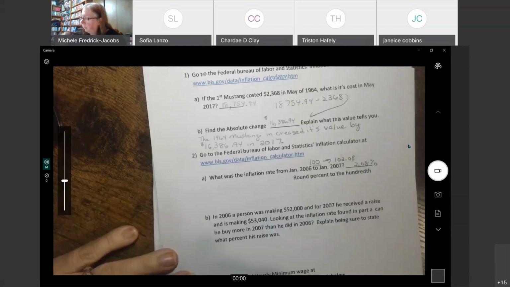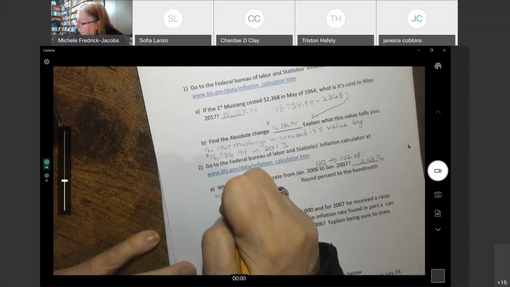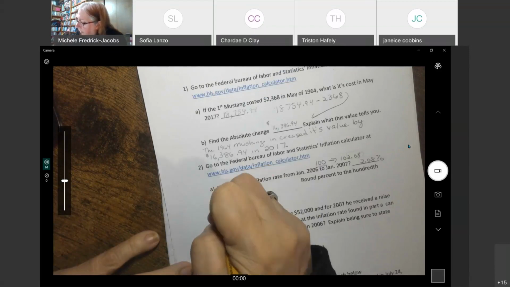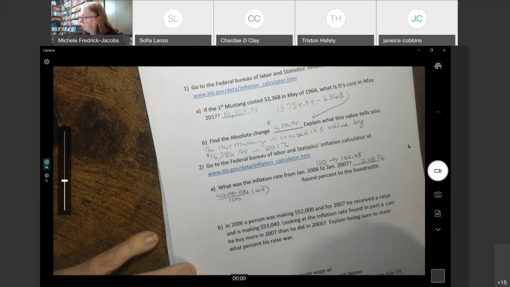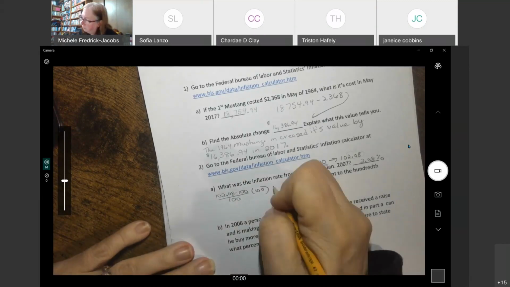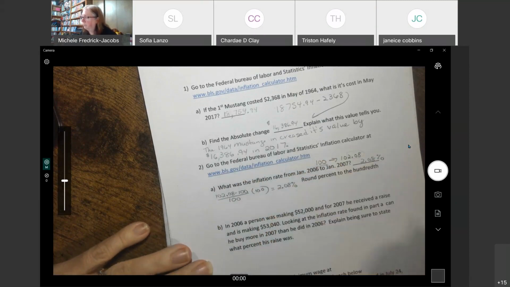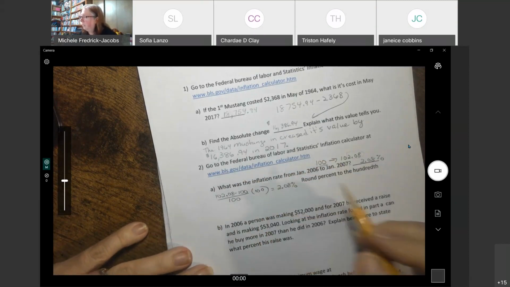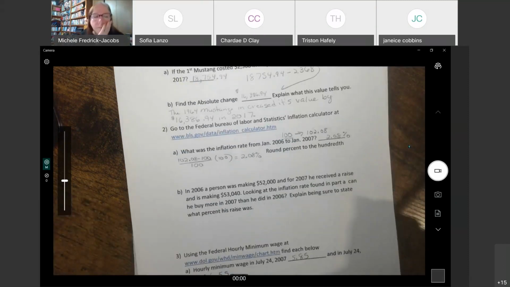But to double check, the new was 102.08 minus the 100, divided by the 100, and then to make it a percent, we multiply by 100. So the inflation rate is 2.08%. Any questions on that?